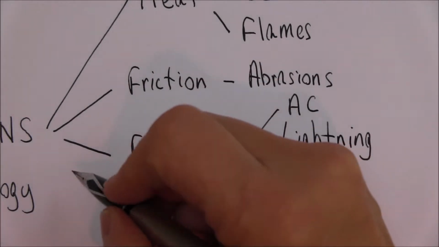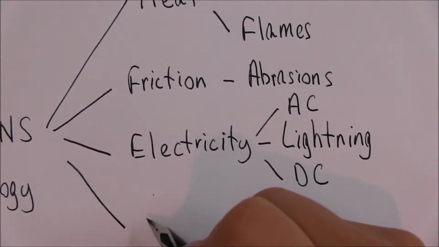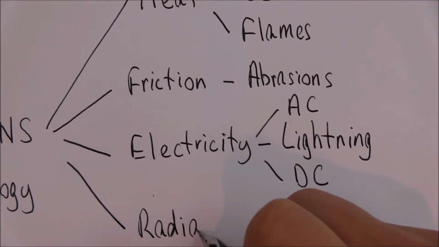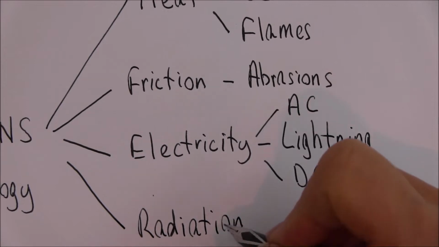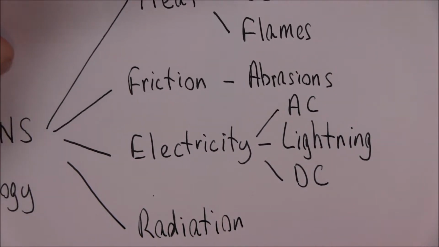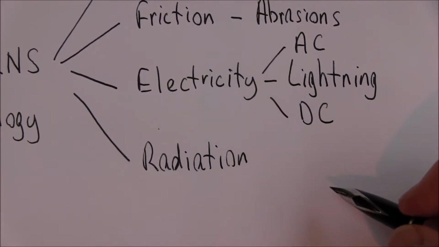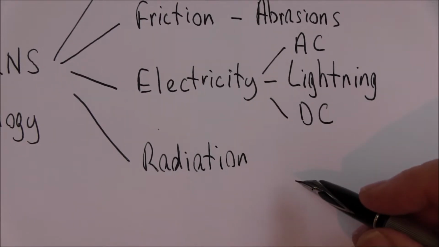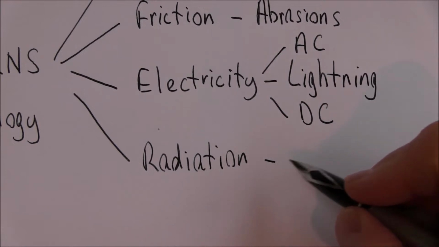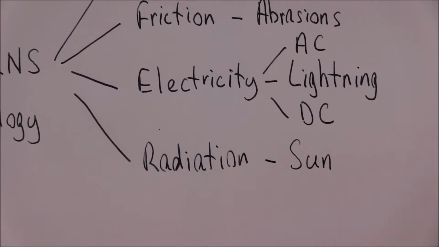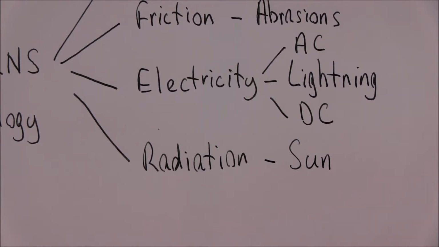Another cause of burns, radiation. We can see this in hospitals sometimes when we do deep X-ray therapy for malignancies, that it can burn the skin. But most commonly, of course, this is from the sun. The ultraviolet light from the sun, and the ultraviolet component of the light tends to damage the skin directly.